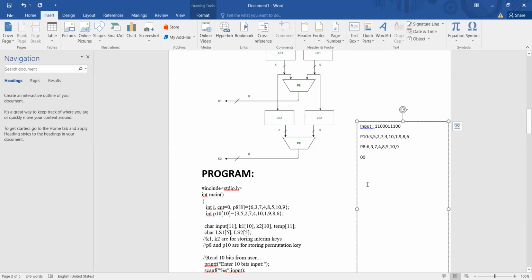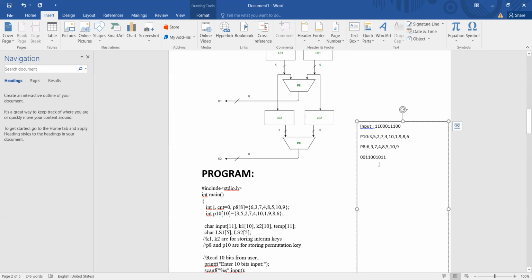Next, for the second position we have 1, and for the seventh we have 1, for the fourth we have 0, for the tenth we have 0, for the first we have 1, for the ninth position we have 0, for the eighth we have 1, and for the sixth we have 1.